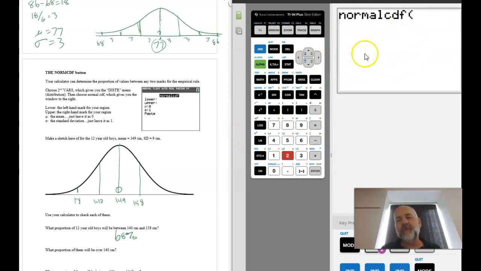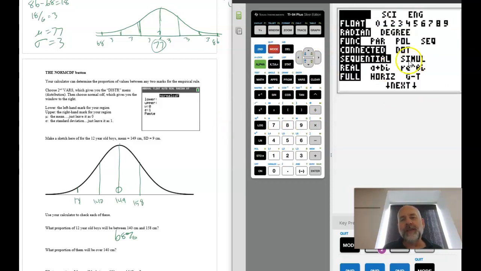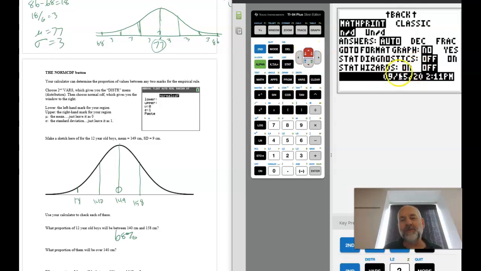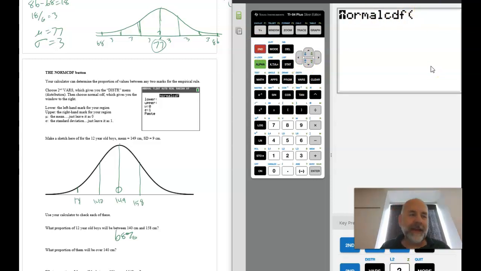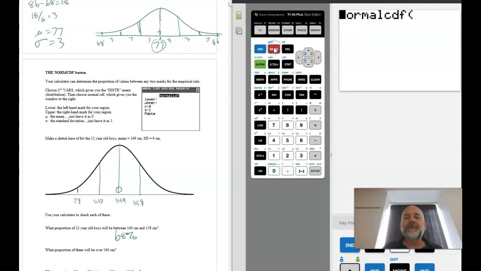If anybody has this problem, that you go into MODE and you don't have a setting that says Stat Wizards, and your 2nd DISTR results look like this, then let me know. I can explain what to do in this situation. But for everybody else, if you get something like this, just go into MODE.